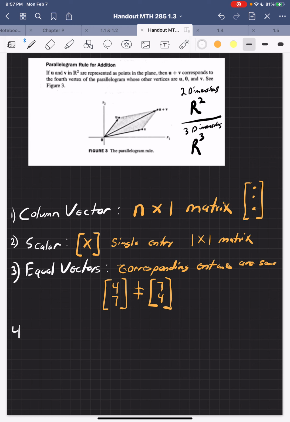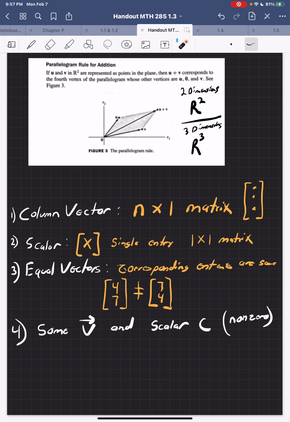Now, let me pose a question. So let's assume that I give you some vector v and some scalar c, and let's go ahead and make the stipulation that these are non-zero. So in other words, the scalar is not 0 and the vector is not a 0 vector.